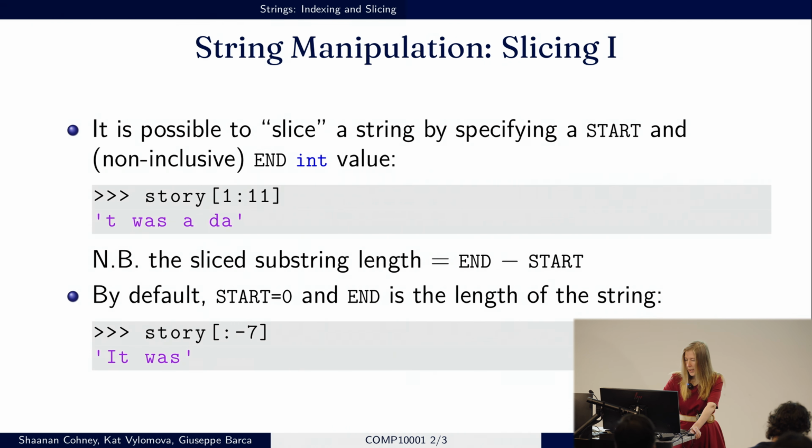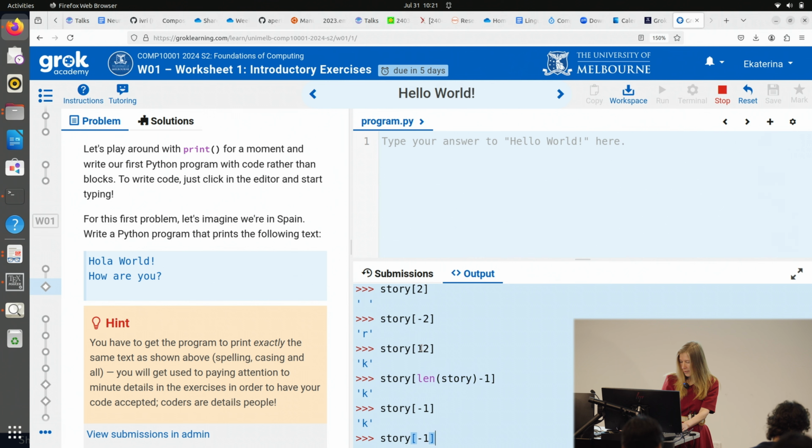Okay. So now we can also perform so-called slicing. Suppose we want to retrieve not a single element, but a number of elements, a subsequence or substring. So now the major difference is that we need to have a starting index and an ending index. Suppose we want to retrieve something that starts from position 1 and goes up to position 5, and it's very important that it's not inclusive.